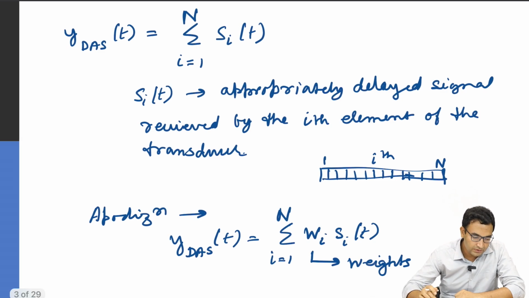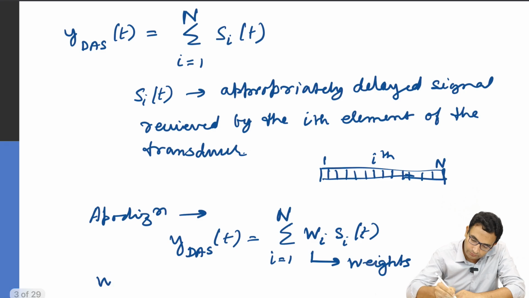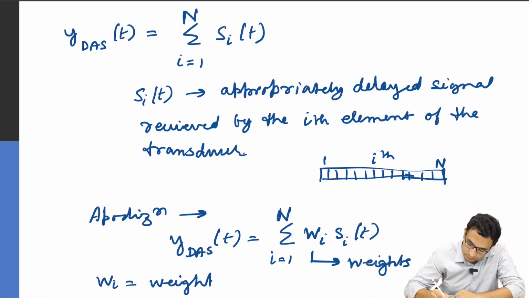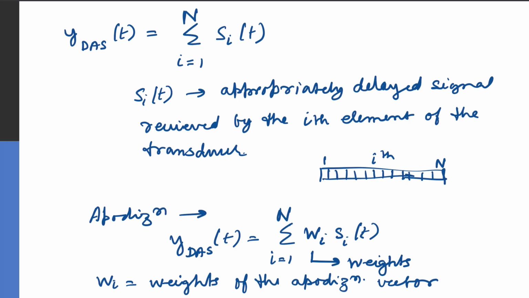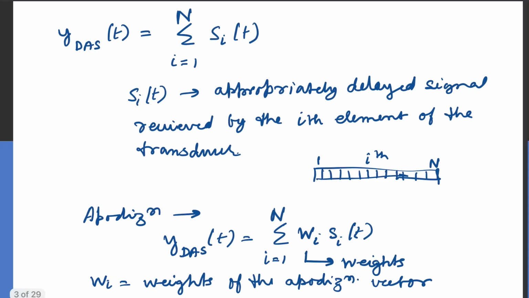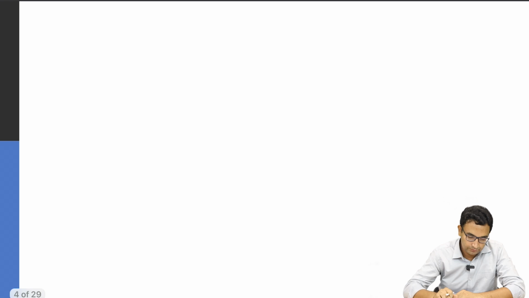So what's the meaning of these weights? Essentially, what's the strength of the signal that you are giving, either on transmit or the received signal? That is what these weights signify.